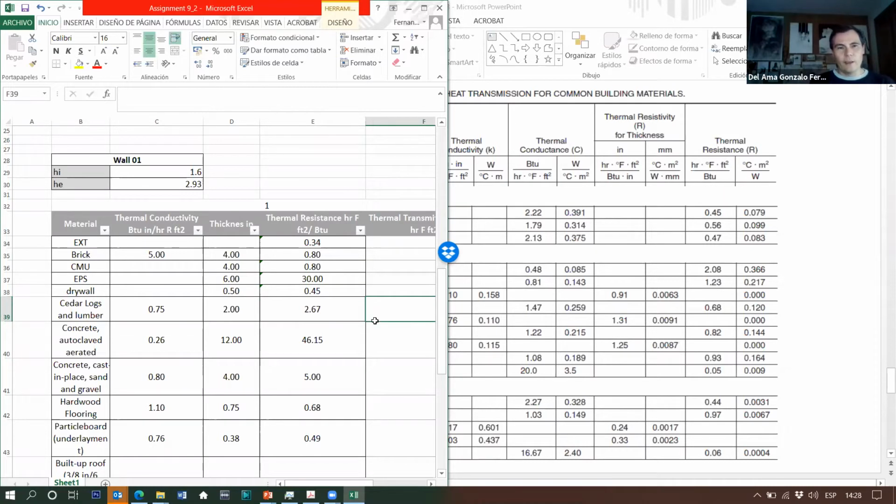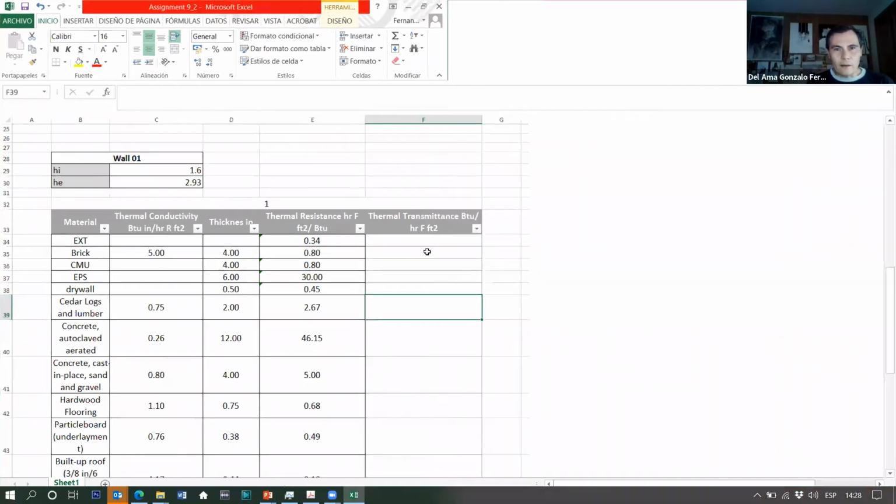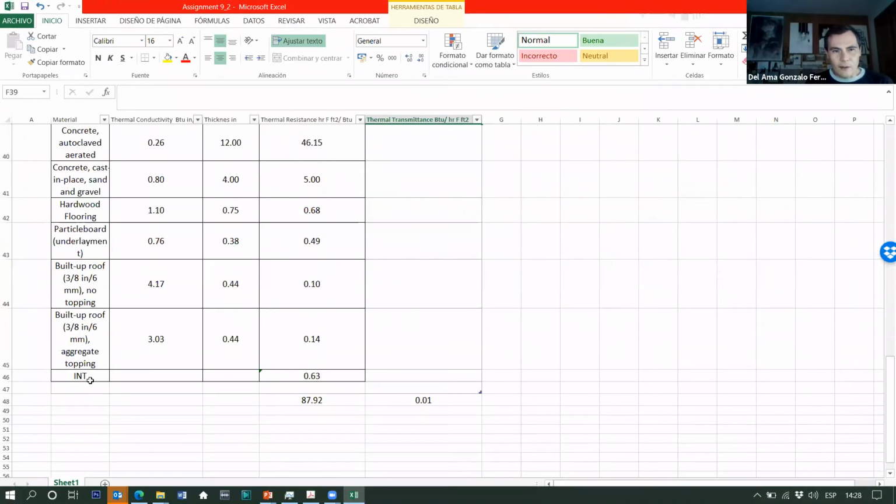There you go. Do we have anything else on that wall? We don't. There are 4 solid layers, and we have these 2 air layers, the outdoor and the indoor air layers. So I expand the Excel file now. As you can see here, we have the interior layer.